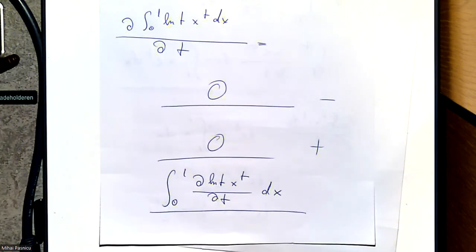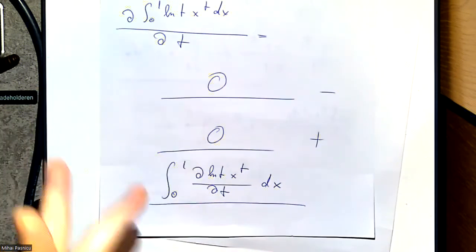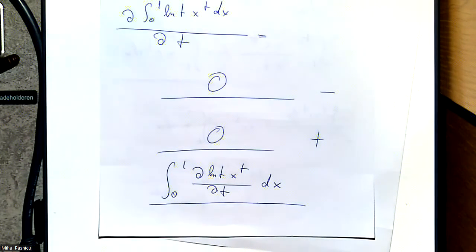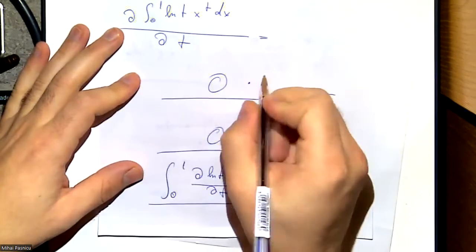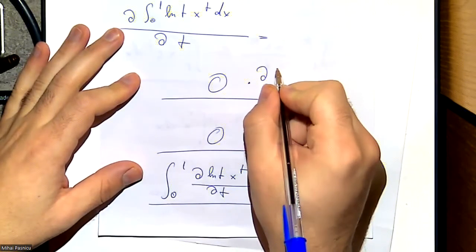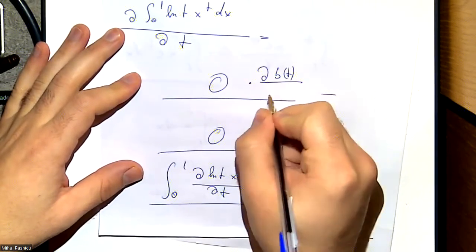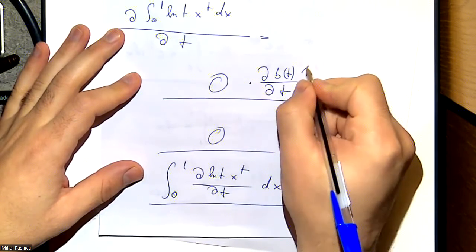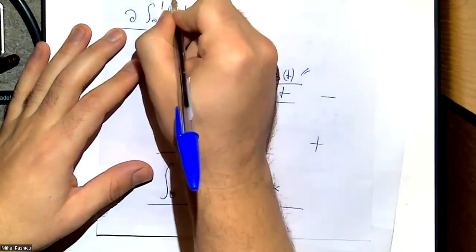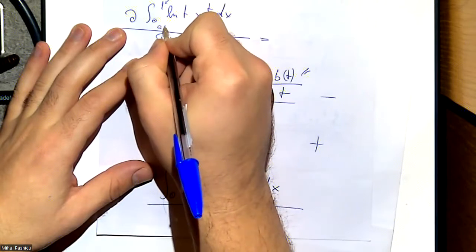Everyone follow the logic and why? In the case that I have constants here, any numbers that don't depend on t, when I apply Leibniz, I can just do this naive integral and it works out. The reason being, again, why is this 0? Because in the formula, I would have to put here the derivative of b of t with respect to t, and in my case this is b of t, this is a of t.